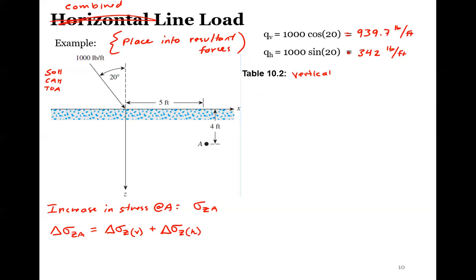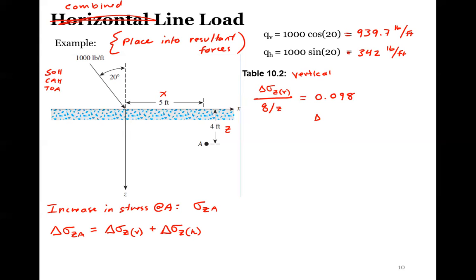If you look up the ratio again, this would be our X and this would be our Z. Looking up that ratio, we see that our delta sigma z in the vertical direction divided by q over z from our table is about 0.098.